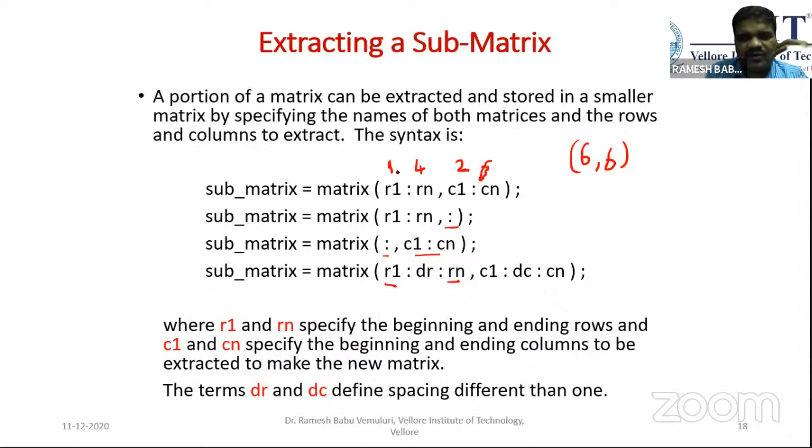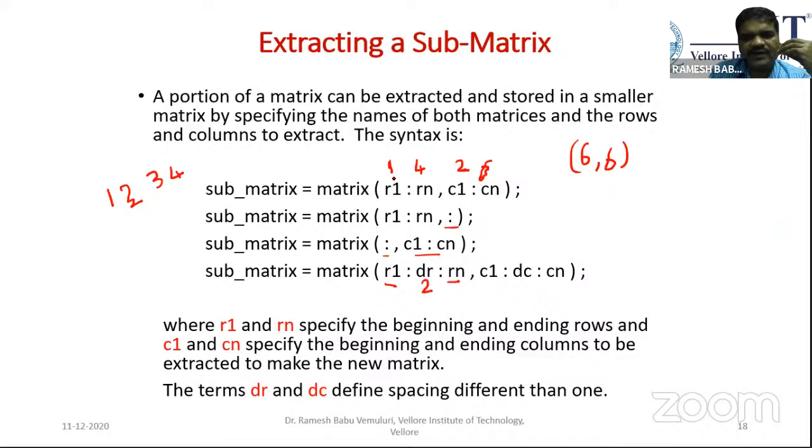So here it will go like 1, 2, 3, 4. That means in between there is only a gap of 1. So like we have 1, 2, 3, 4. Let us say you give here 1 colon, then you put a 2 here.